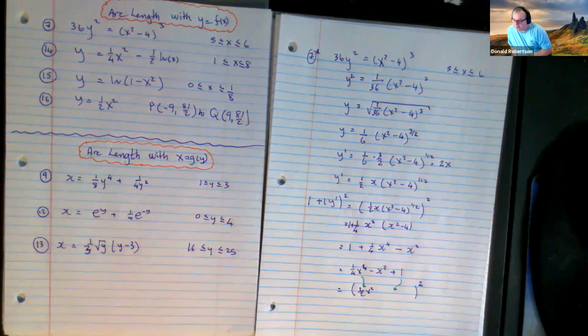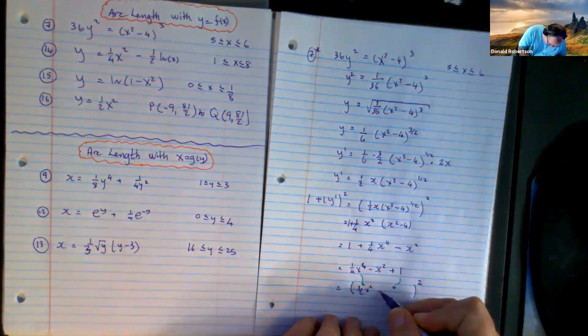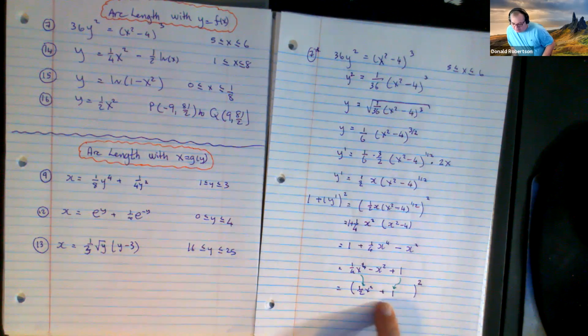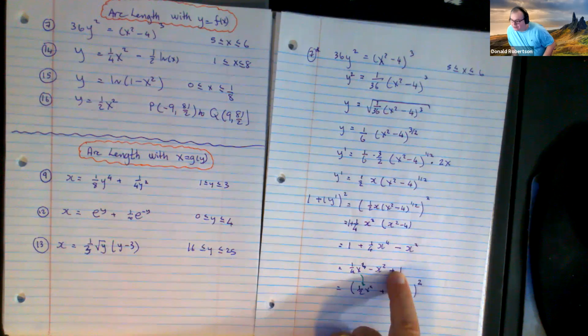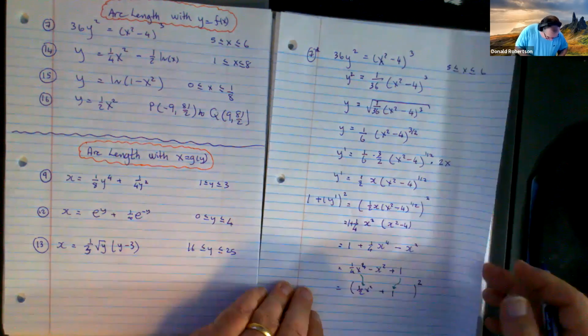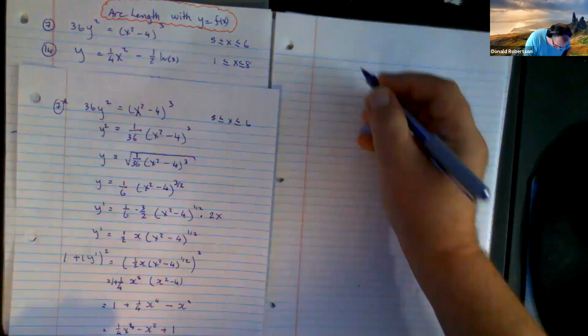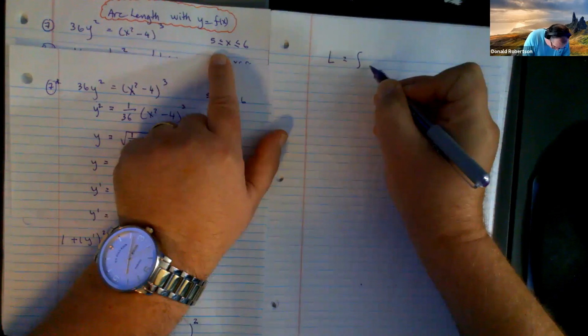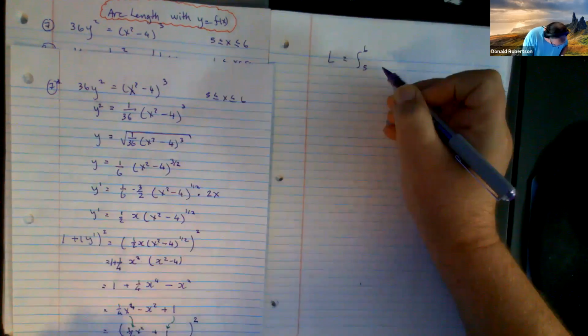And things like that. Now, the number 1's probably the easy one, because this is the square root of 1. And this guy is actually him, right? It's a perfect square. That means we can now move on to finding the arc length. It's the integral from 5 to 6 of this guy.